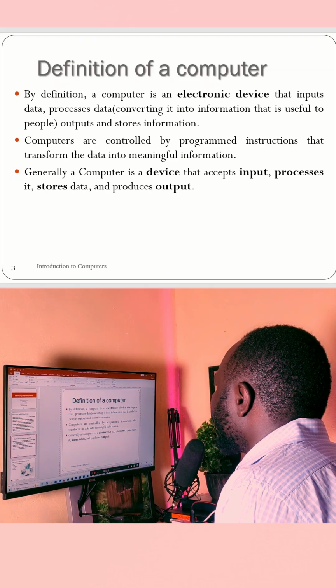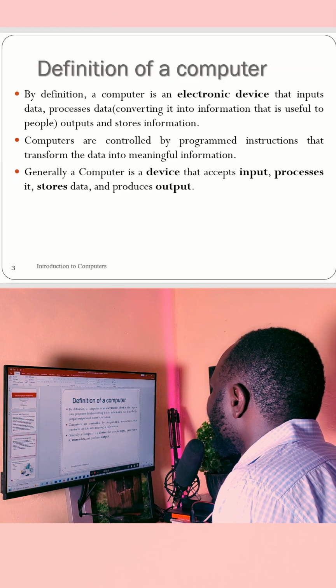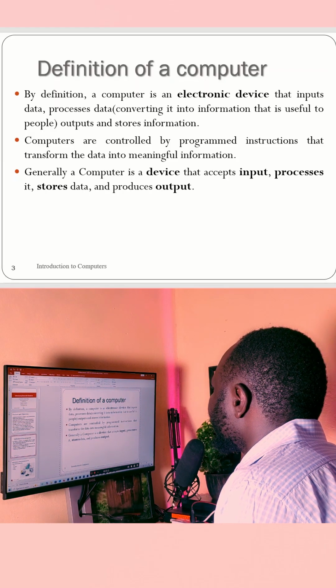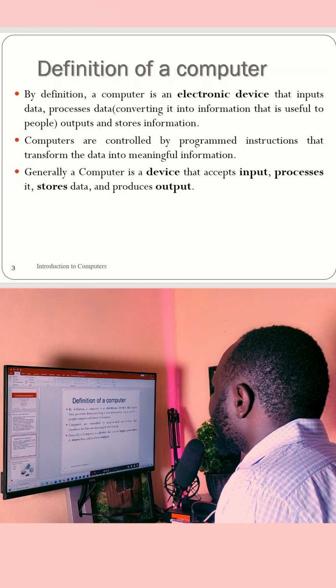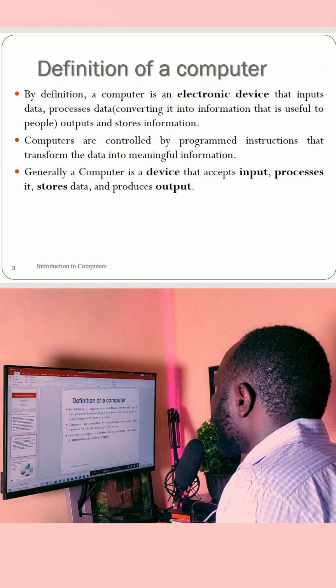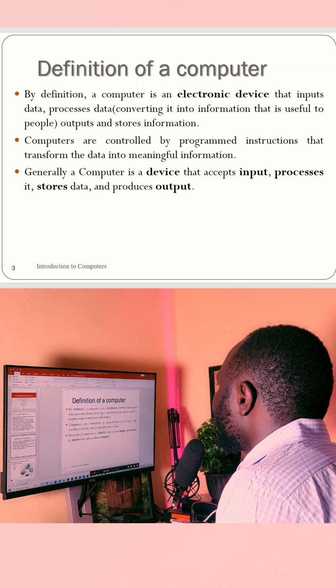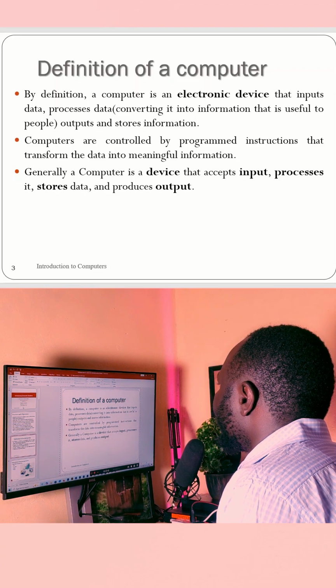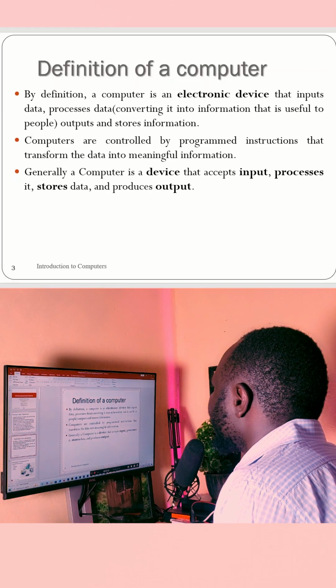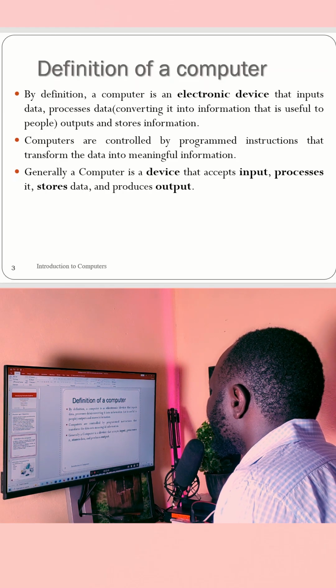Before we look at the word device, what do we mean by electronic? Electronic is anything that uses electricity as its source of energy. And we know very well a computer uses electricity as energy, which is true.